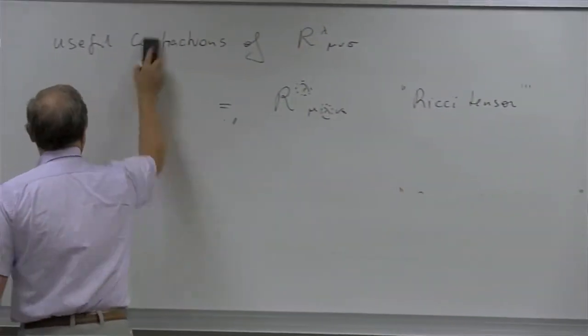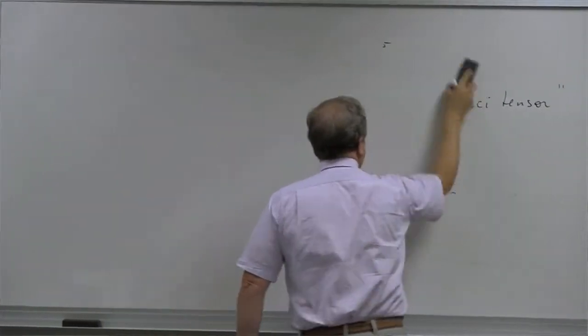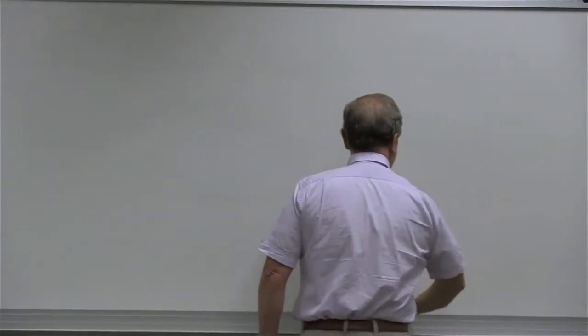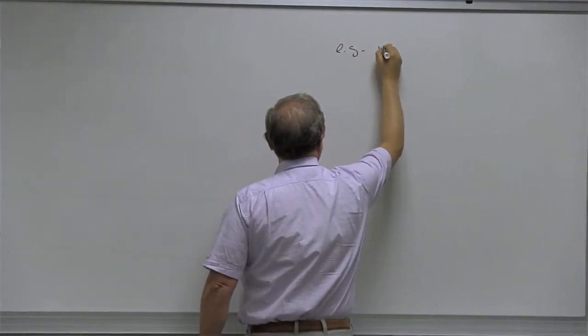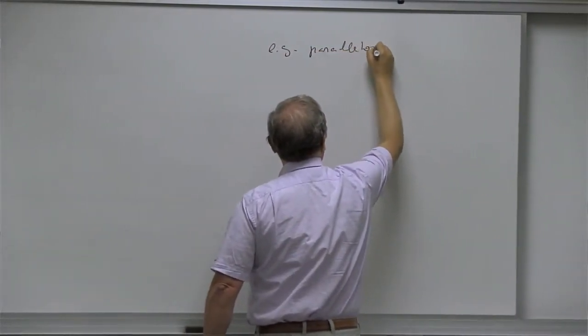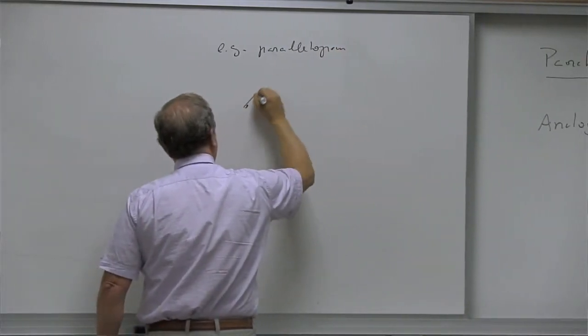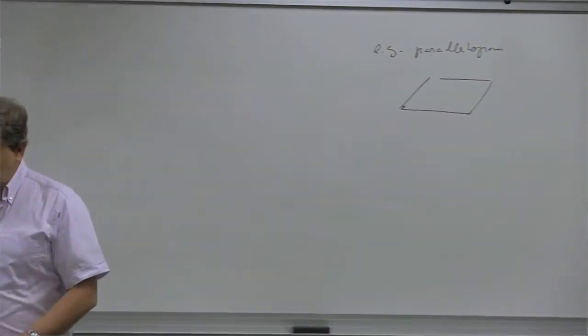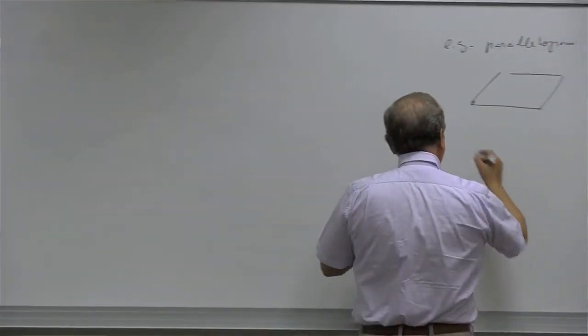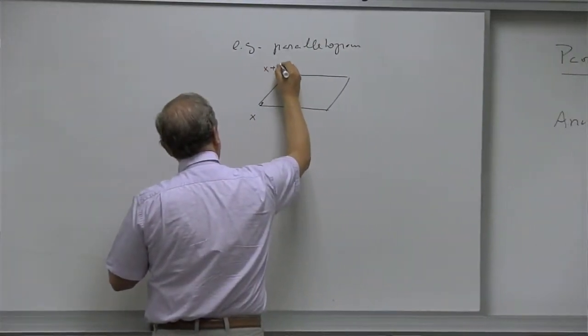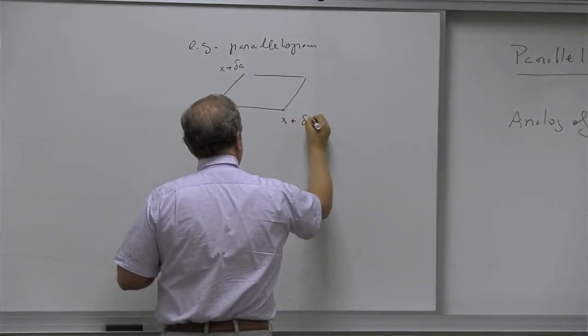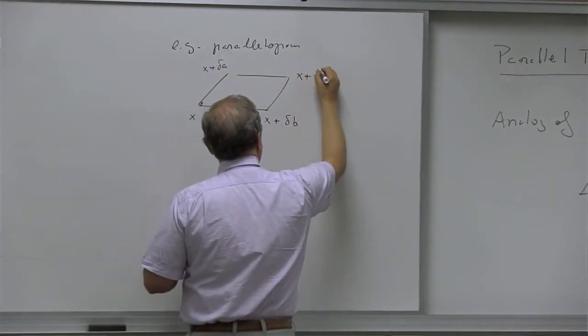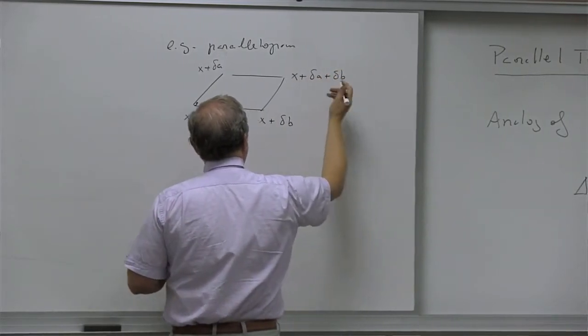So you have to do this integral of the coordinate around this closed path. And in particular, the simplest thing to work out for that integral is just a parallelogram. If you have a parallelogram with sides A and B, right? So if we take something that looks like this, so this is x, and this is x plus dA, and this is x plus dB, and this is x plus dA plus dB. So these are 4 vectors, right?